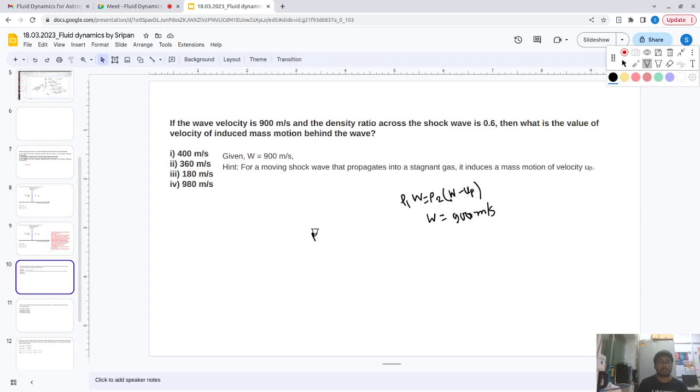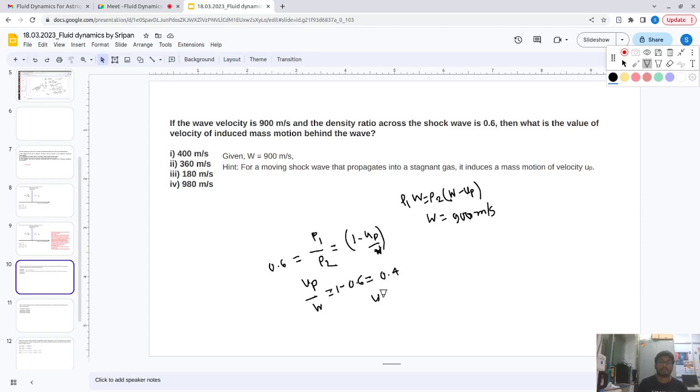So rho 1 by rho 2 equals 1 minus UP by W. With rho 1 by rho 2 as 0.6, you have UP by W equals 1 minus 0.6, which is 0.4.